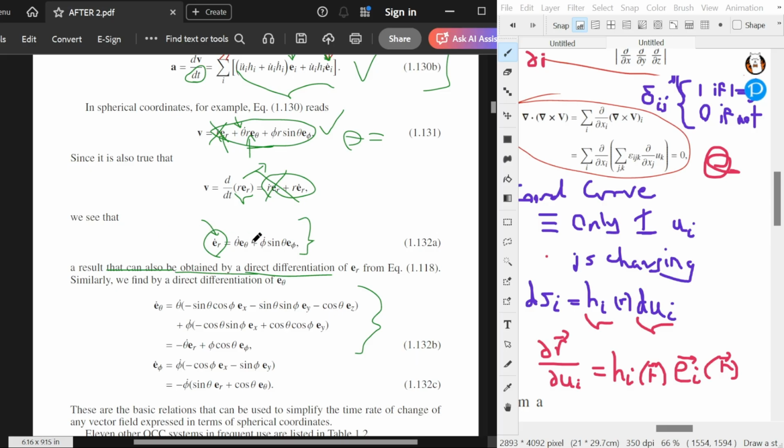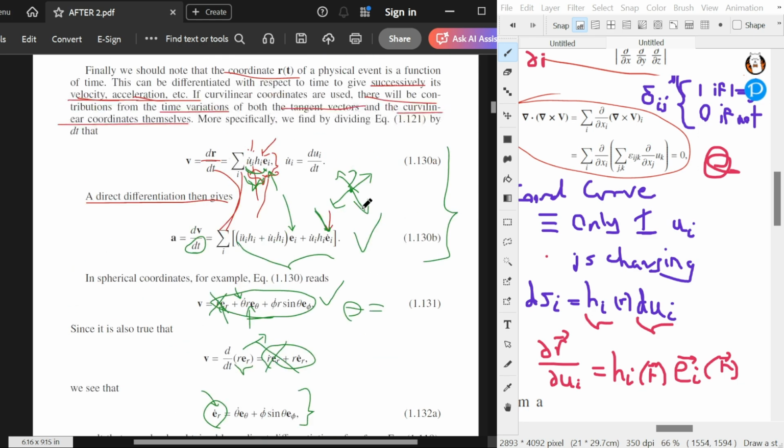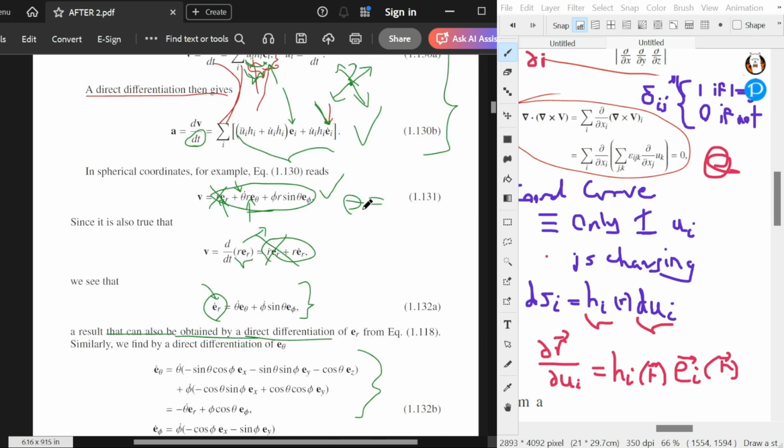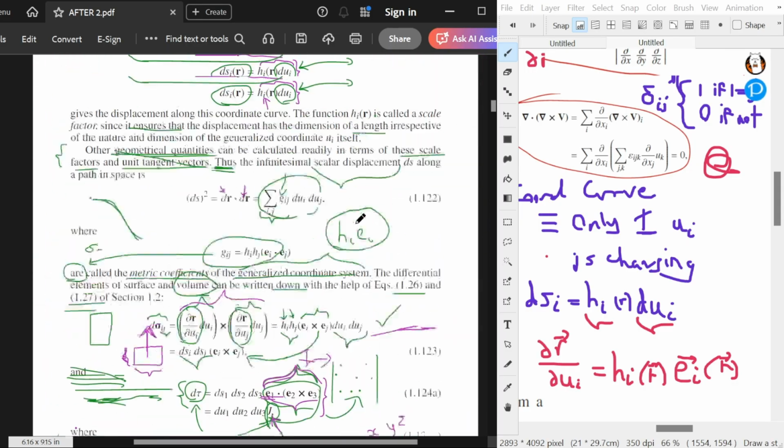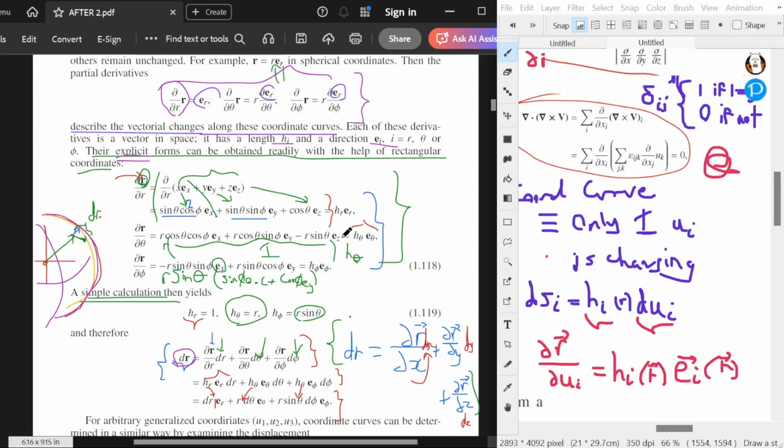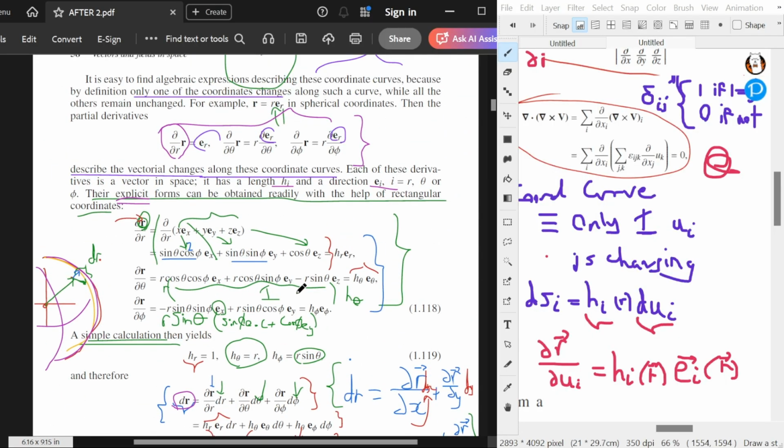We see that this equals this, a result that can also be obtained by a direct differentiation of e_r from here. I'm seeing e_r over here. I don't see e_r anywhere else.